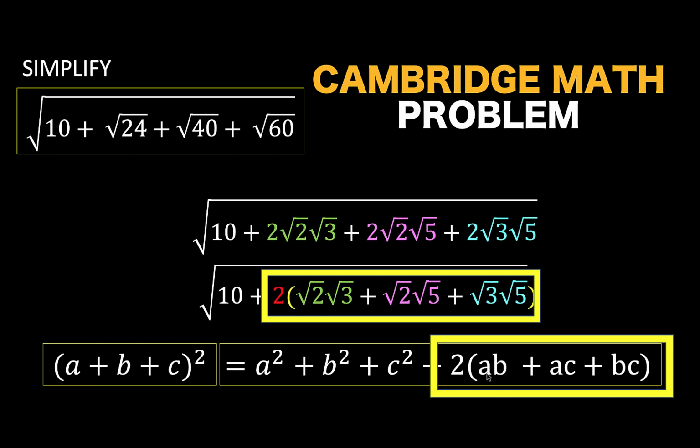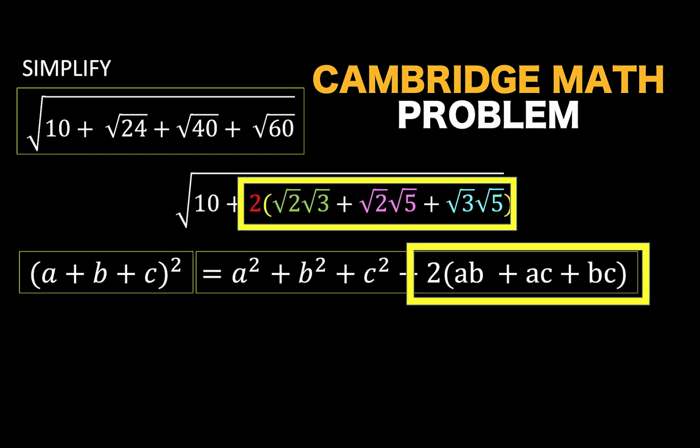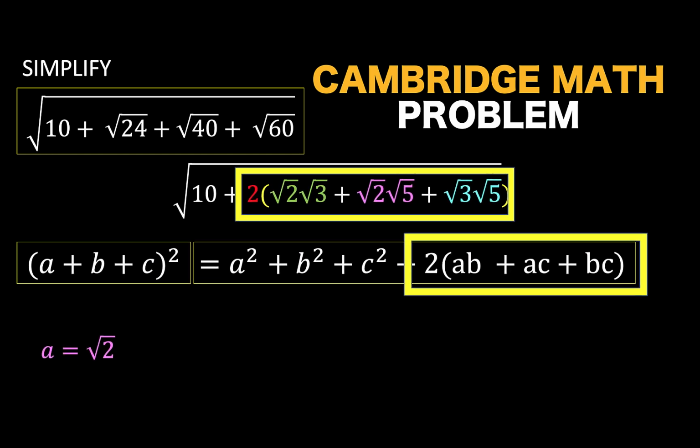Notice that if a is equal to square root of 2, b is equal to square root of 3, and c is equal to square root of 5, these two expressions are equivalent in form. So with that as our observation, we now assign these values. Let a be equal to square root of 2, b equals square root of 3, and c equals square root of 5. That way, these two box expressions are equal.